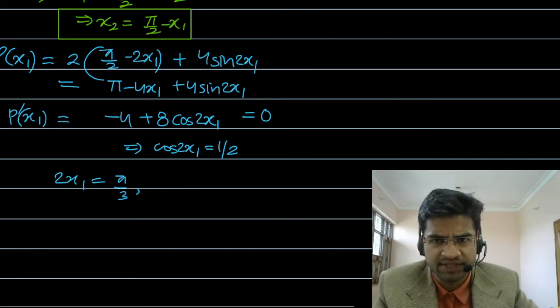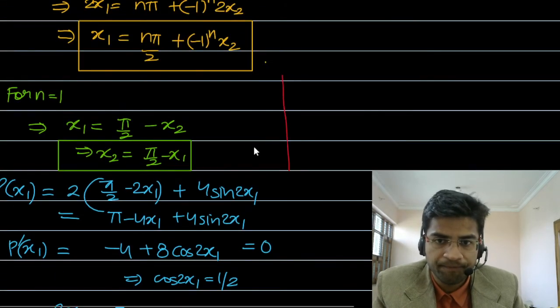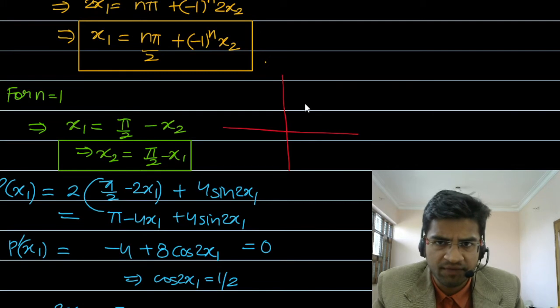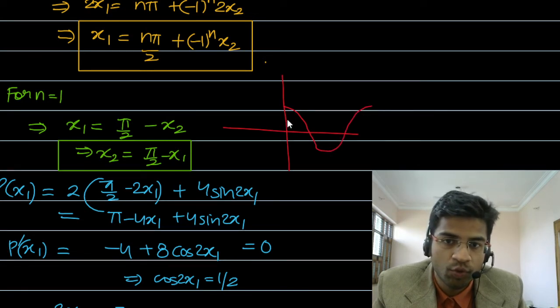Let us draw the graph to understand it. A rough graph will be sufficient, of cos z in between 0 and pi. So it is equal to half at 2 points.